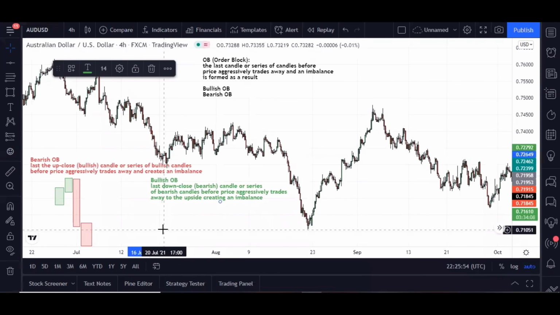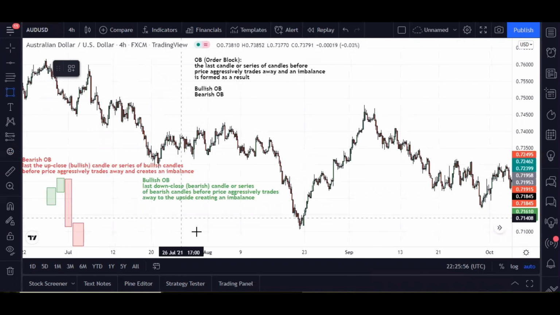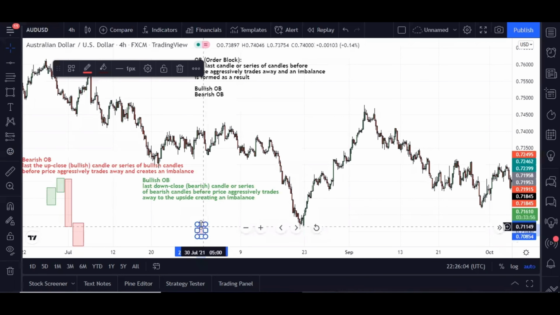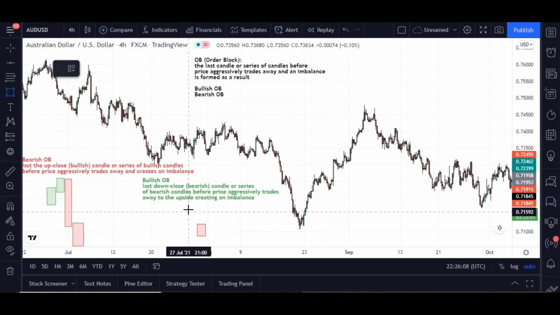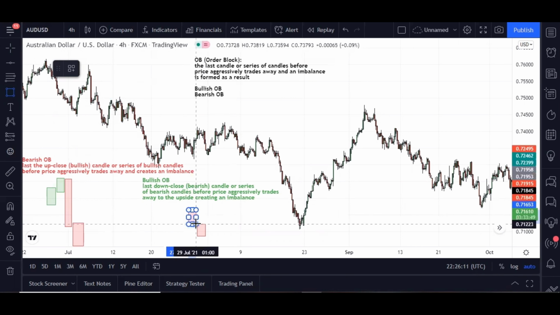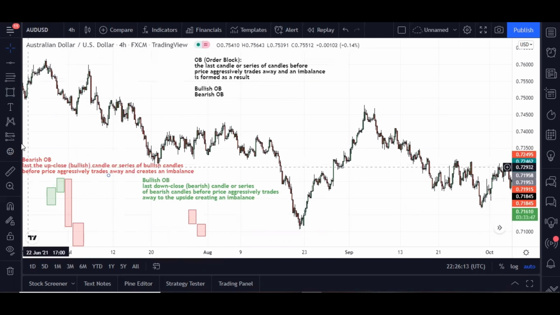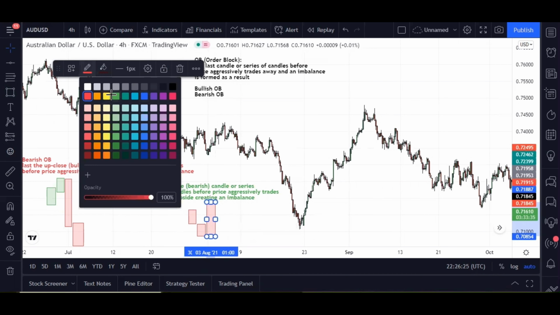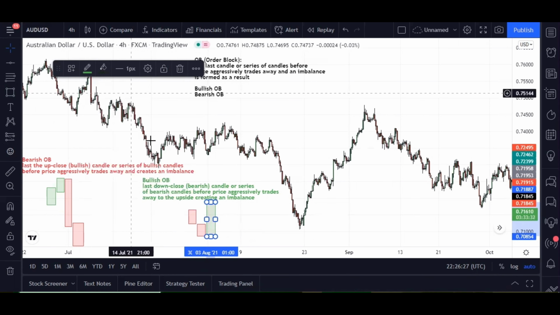So what does a bullish order block look like? A bullish order block looks like this. You've got a series of down close candles before we see something like this. Let's make this green, body green.